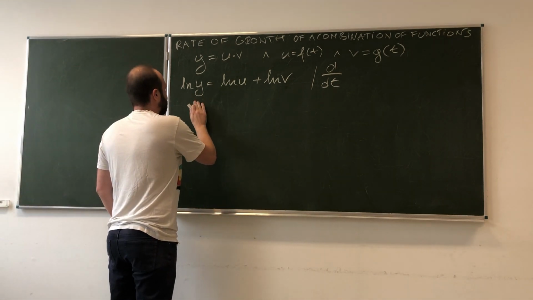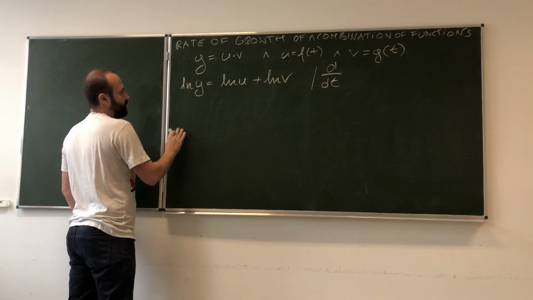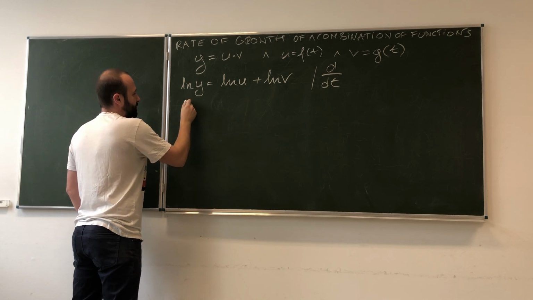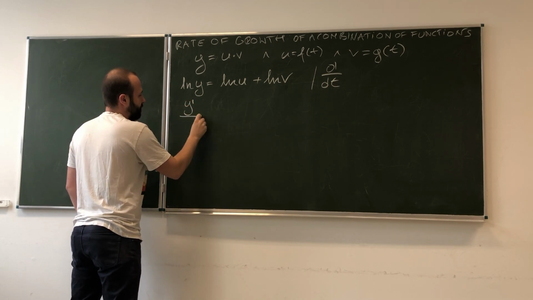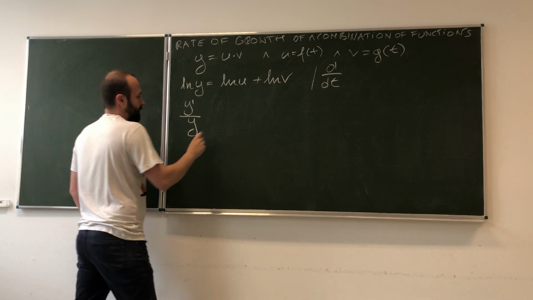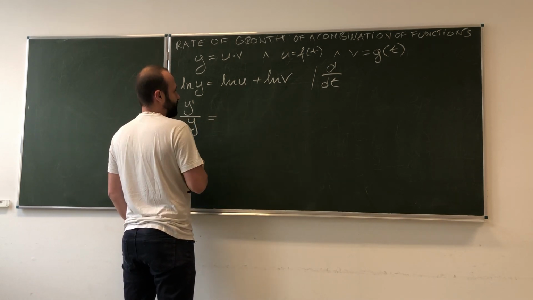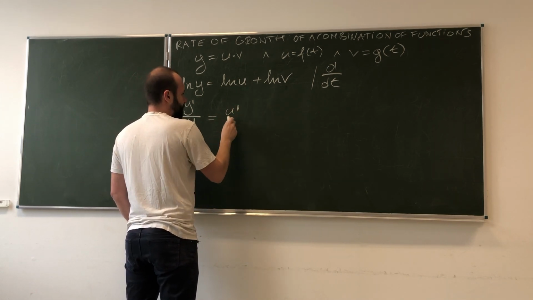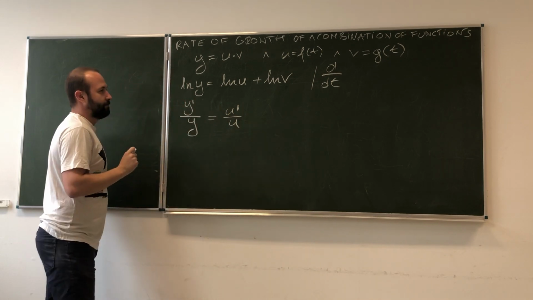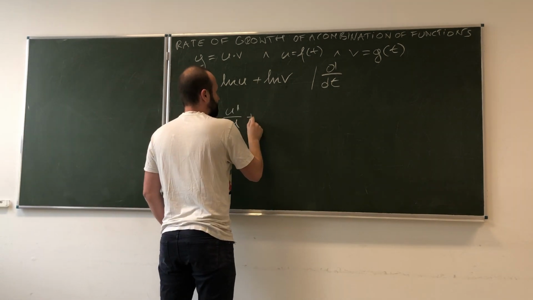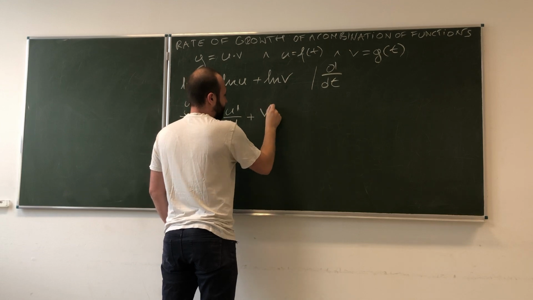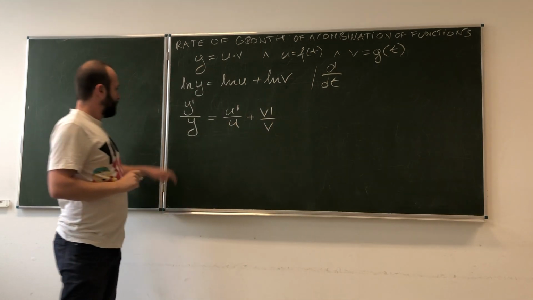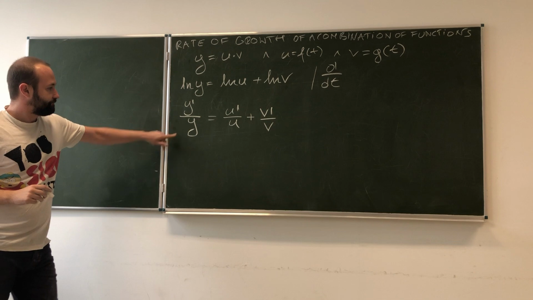What am I obtaining here? Look, here y is a function of time, so I'm obtaining y prime over y. Here, u is a function of time, so I'm obtaining u prime over u. And here, I am obtaining v prime over v. So what do I have here?